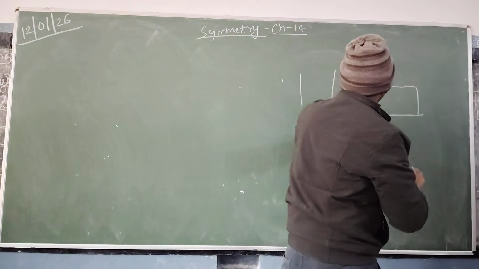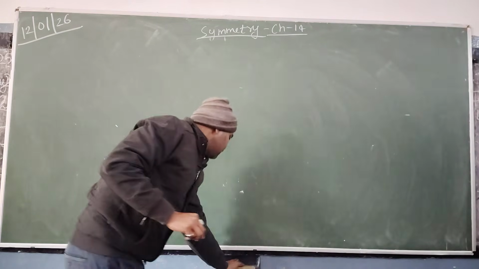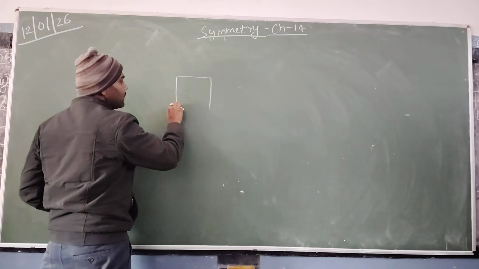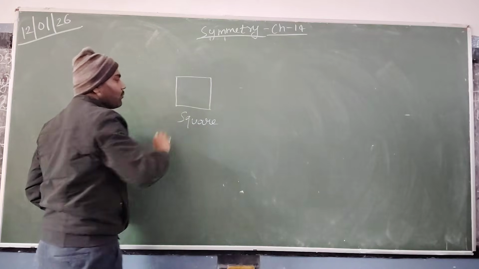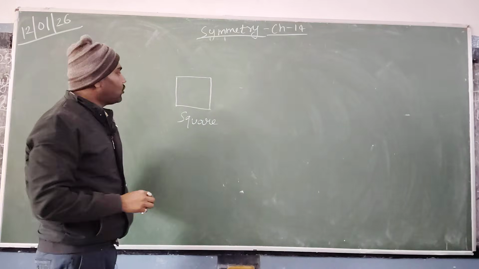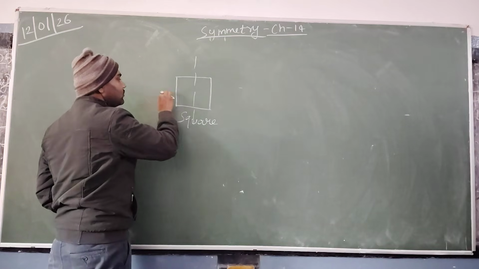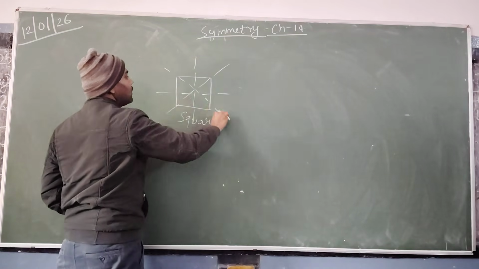This is a square. How many lines of symmetry does a square have? A square has 4 lines of symmetry. See, this is 1, this is 2, this is 3, and this is 4.